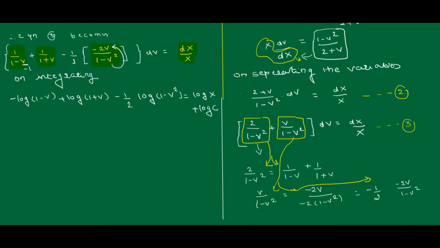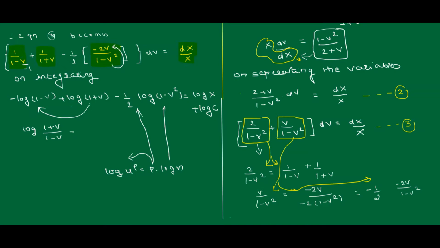By using the property of logarithm, log u minus log v means log u by v. So this is log of 1 plus v divided by 1 minus v, minus. By using the property log u raised to p is equal to p into log u, and this is in the form of p into log u, so we can write like this.